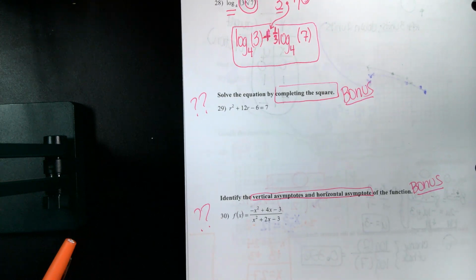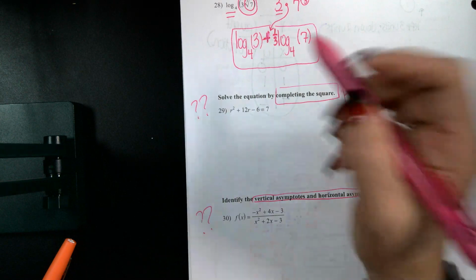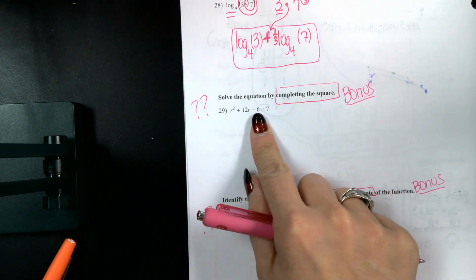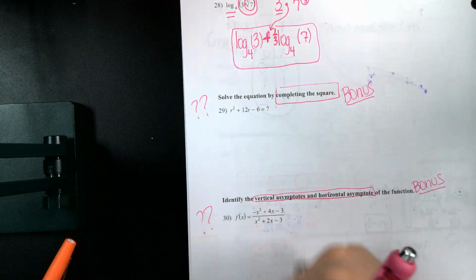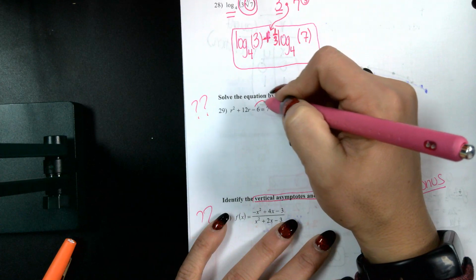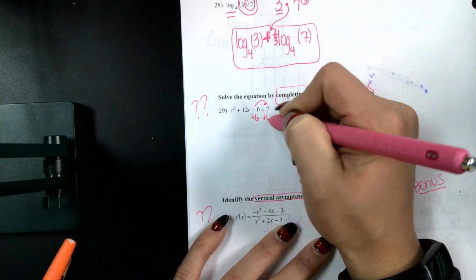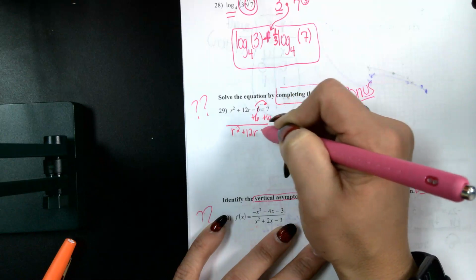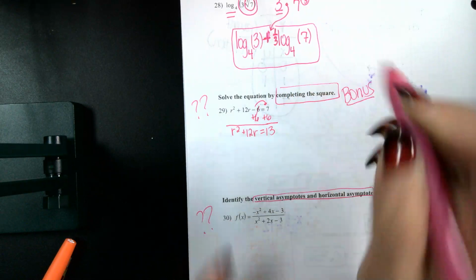Okay, first of all, in order to complete the square, normally I tell you guys to bring this 7 this way, right? And then we would factor. Well, completing the square is done a completely different way. This constant needs to move this way. So we're going to add 6 to both sides. So we have r squared plus 12r equals 13. Okay, now watch.